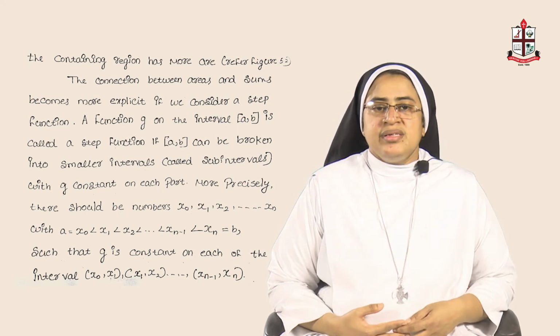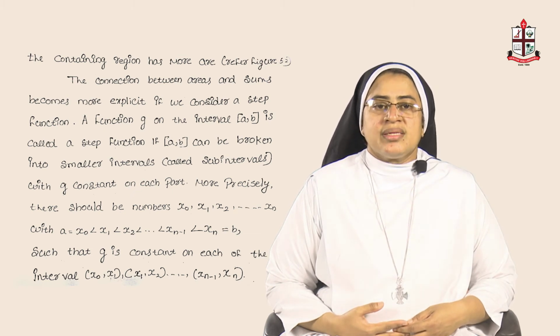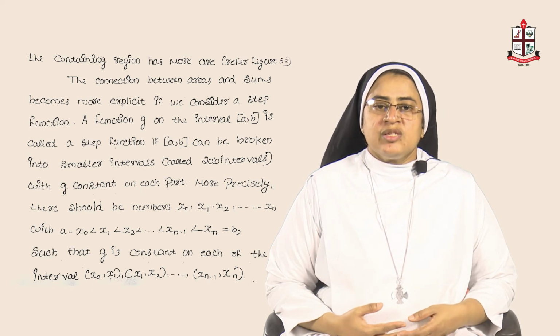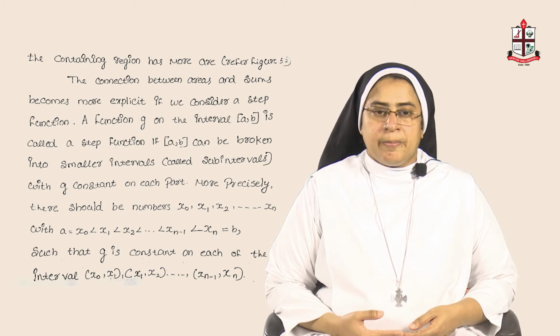A function g on the closed interval AB is called a step function if the closed interval AB is broken into smaller closed subintervals, which has a constant value on each part or each step.